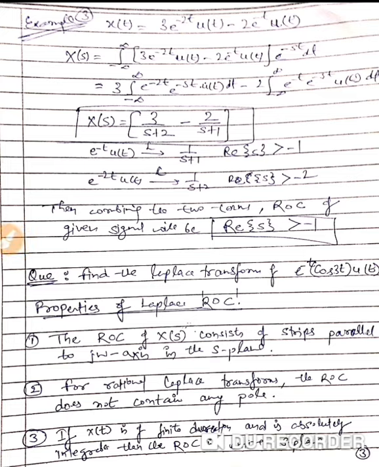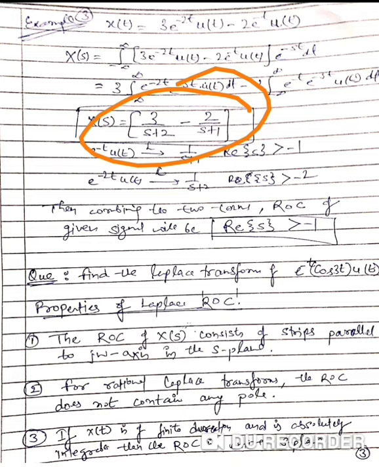For the term e^(-2t) u(t), the Laplace transform will come out to be 1 upon s plus 2, for which the real part of s should be greater than minus 2. Combining the two terms, we get X(s) equal to 3 upon s plus 2 minus 2 upon s plus 1.